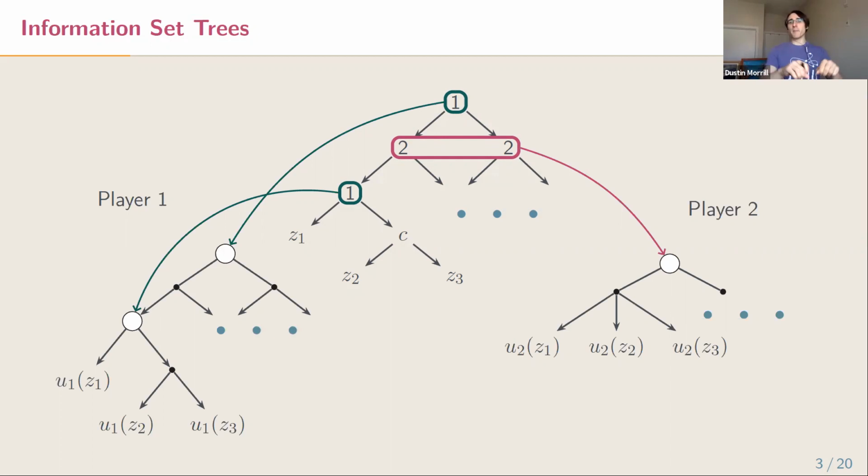And we do this just by pulling out all the information sets for a given player and joining those together in trees. So for example, here, if we take out the information sets from player 1 and build a tree out of them, we can see that player 1's perspective of this game is that they take an action at the beginning of the game.